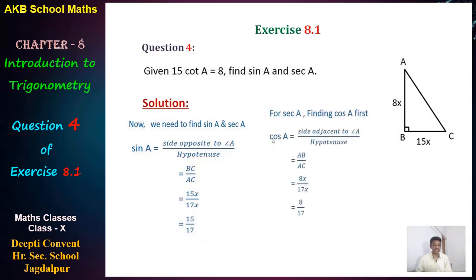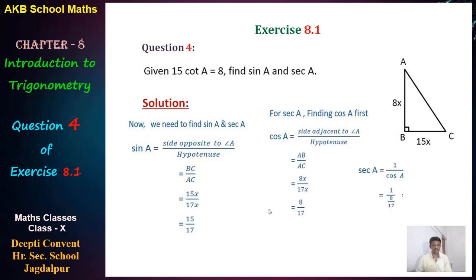Similarly, sec A. For sec A, we know that sec A is the reciprocal of cos A. So first of all, we have to find cos A. Cos A equals the side adjacent to A, that is AB, upon hypotenuse AC. Putting the values, AB is 8x, AC is 17x. So cos A equals 8 by 17.